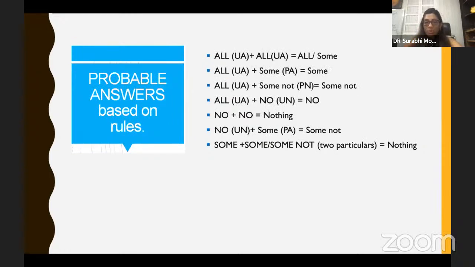Now, I was telling you that we have 5 ways of combining these syllogisms, and we have 16 answers. So let us see these ways of combination and their answers.